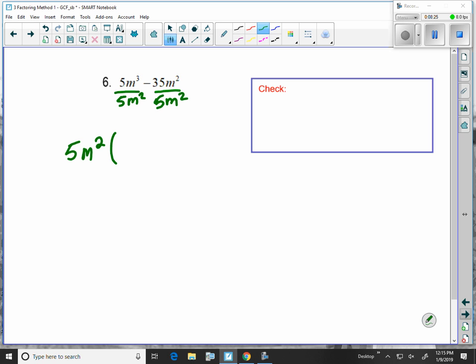All right, so here, what am I going to have left when I divide right here? M. Okay, what am I going to have left when I divide on the second one? Minus 7. My m squared completely gone. Yes?